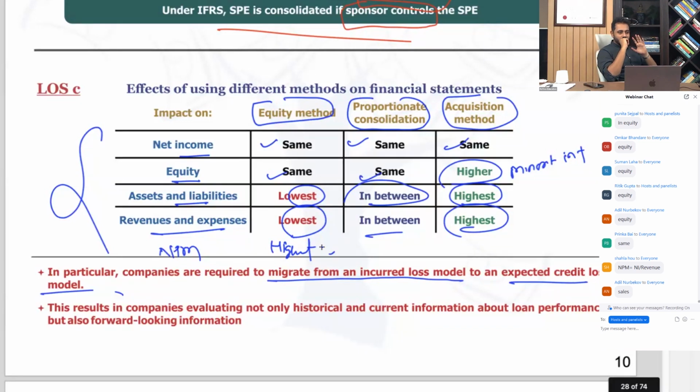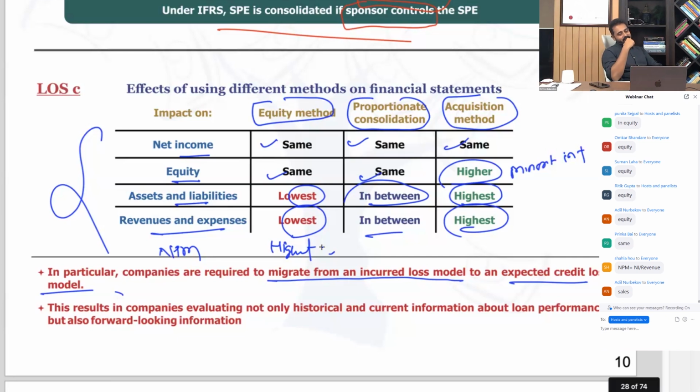I mean, yeah, they do insert these tricks. For example, now my level 2 was a long time back, but let's create a hypothetical scenario. Let's say that you have this multinational operation where you have this net exposure which is positive or negative. Remember, under current method, the exposure is positive and under temporal negative.